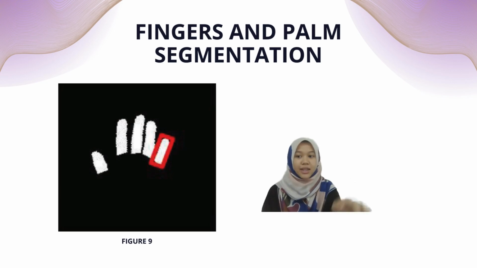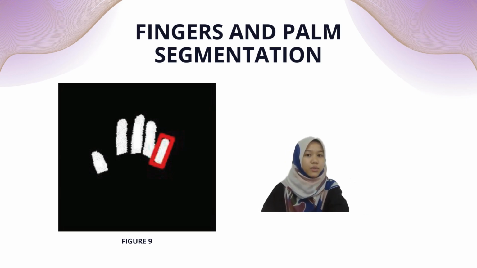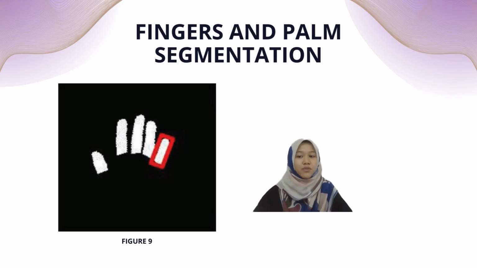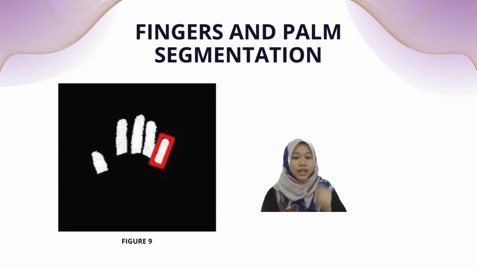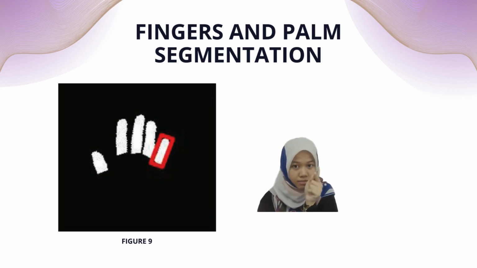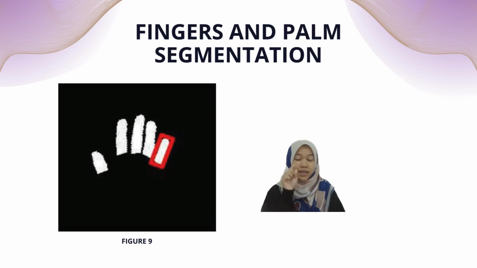All the noises will be discarded, and regions that are not fingers will be gone. For each remaining region that is a finger, the minimal bounding box is found to enclose the finger, as you can see in figure 9. The center of the box will be the center of the finger.